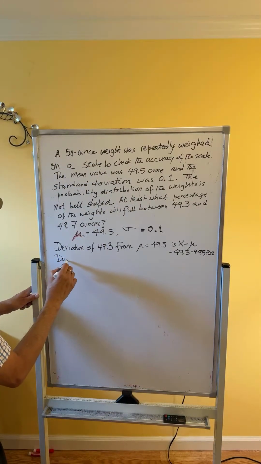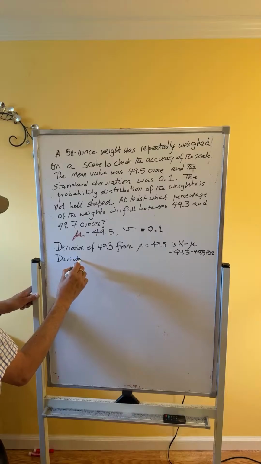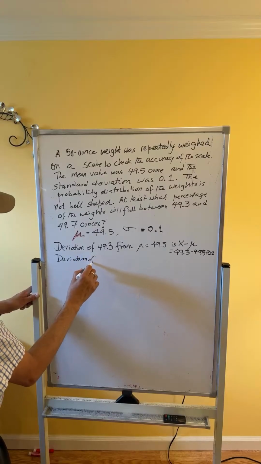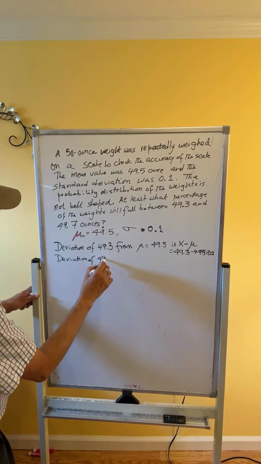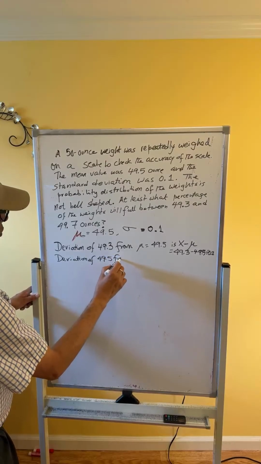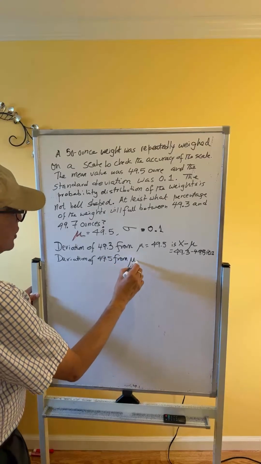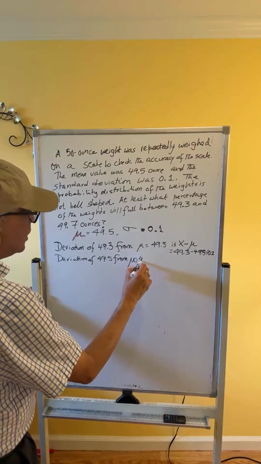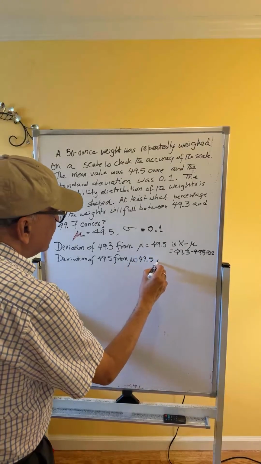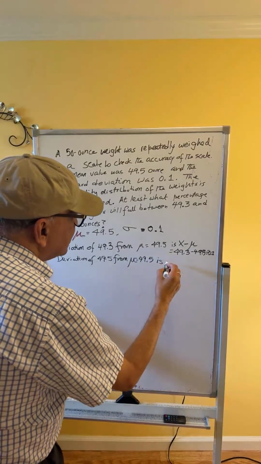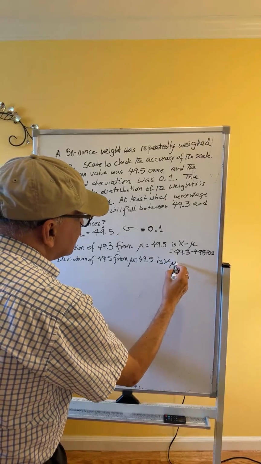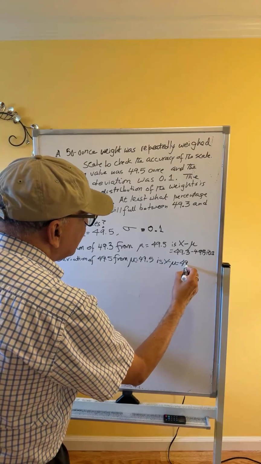Similarly, the deviation of the upper boundary, 49.7, from mu is again x minus mu.